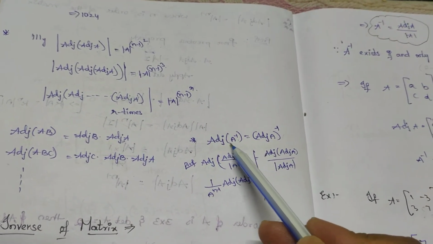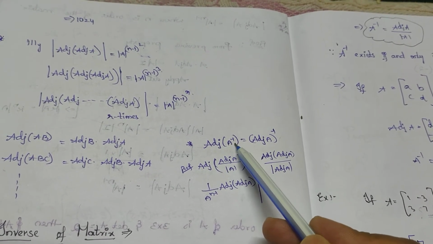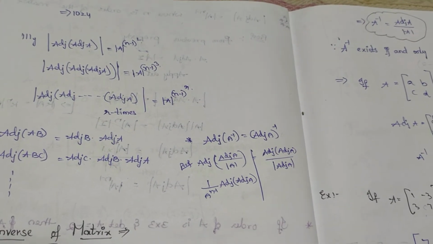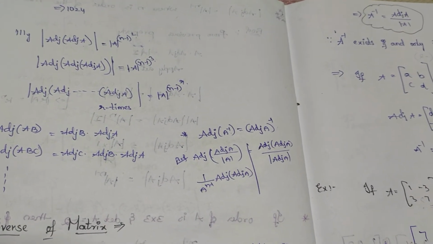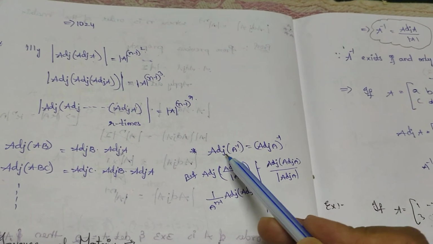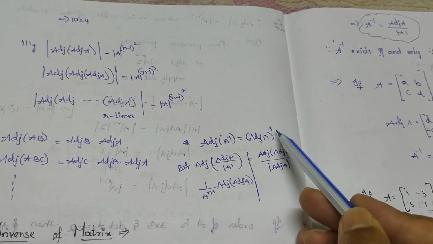See, this one is adjoint of A inverse. Actually, the inverse matrix we will discuss in the next continuation. Now, adjoint of A inverse is equal to, once you remember, adjoint of A whole inverse.